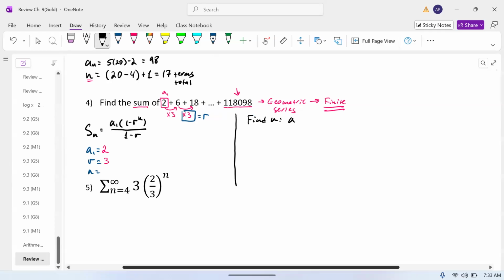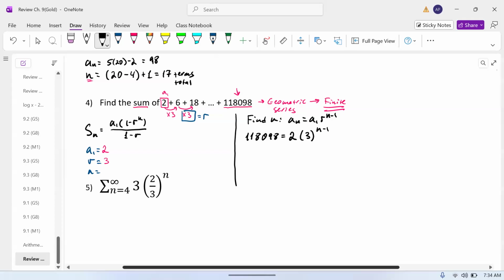And to find n, we have to use the geometric a sub n formula, which is this one right here. For this formula, we have a sub n, which is 118,098. We know a sub 1, which is 2, and we know the common ratio, which is 3. The only thing we don't know is n.